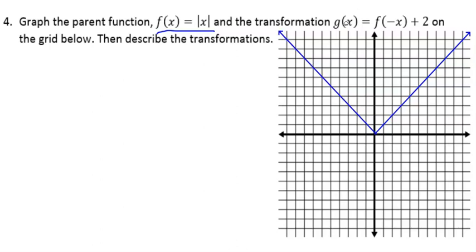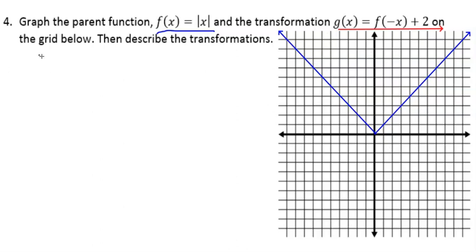Our new function or transformation is going to be g(x) equals f(negative x) plus 2. So if we have a negative on the inside like this, it's not actually going to change anything with an even graph like this.